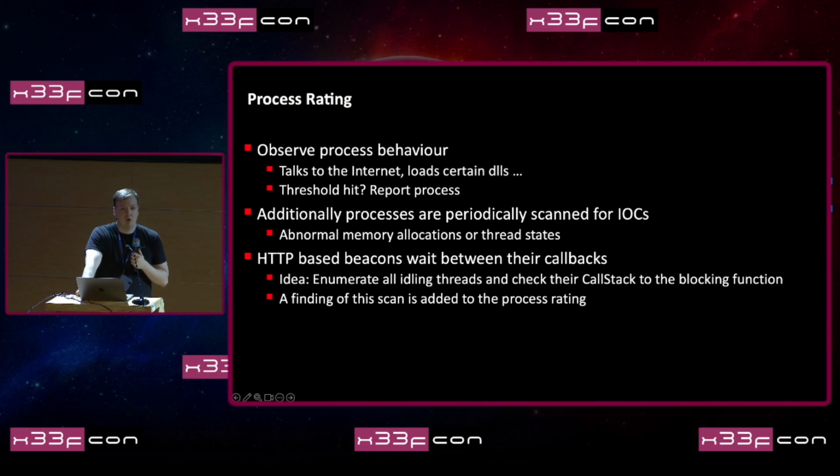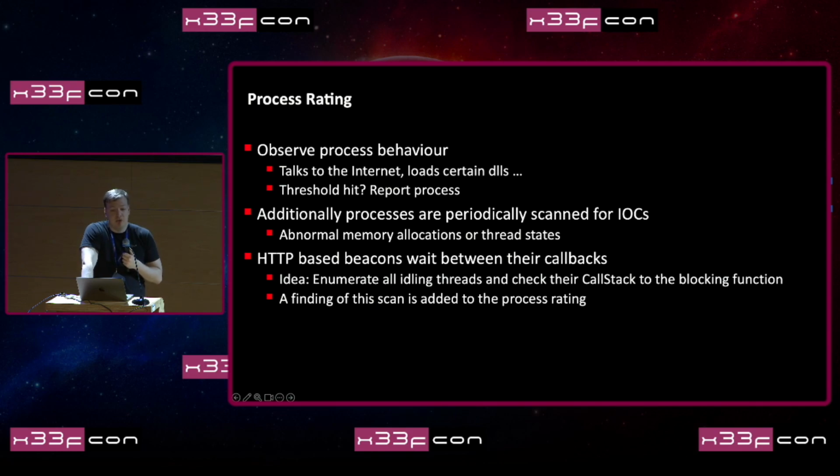We implement something we call process rating, which means that we observe the behavior of a process for a longer time. For example, we record if the process is talking to the internet or to the intranet at the same time, if it loads certain DLLs, and if a certain threshold is hit, then we report the process as such because it looks like an offensive tool or an injected beacon.